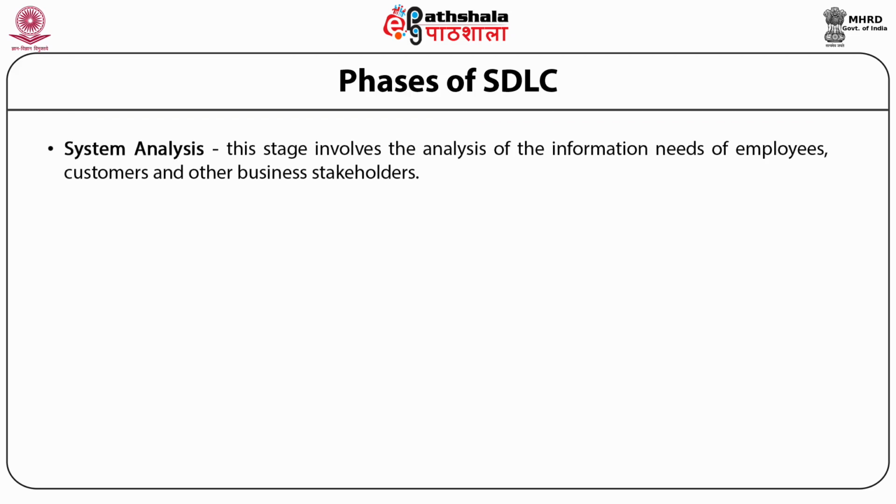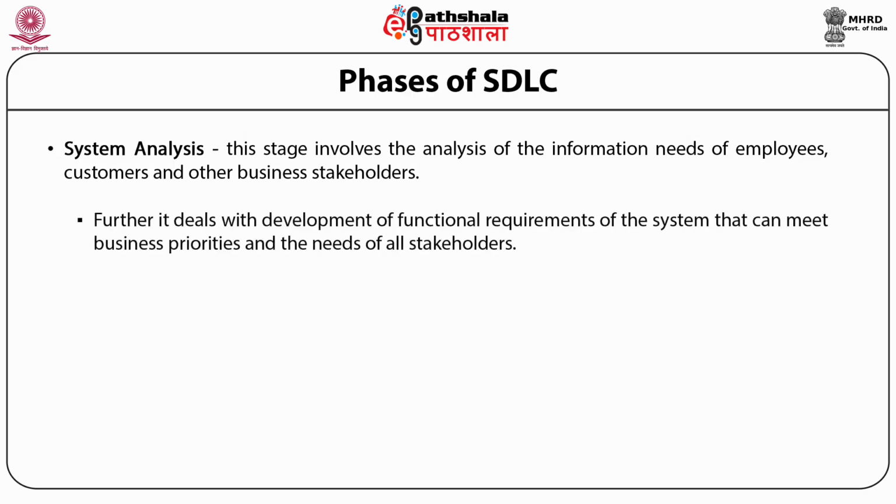This stage involves analysis of the information needs of employees, customers, and other business stakeholders. Further, it deals with the development of functional requirements of the system that can meet business priorities and the needs of all stakeholders. It enables developing logical models of the current system.